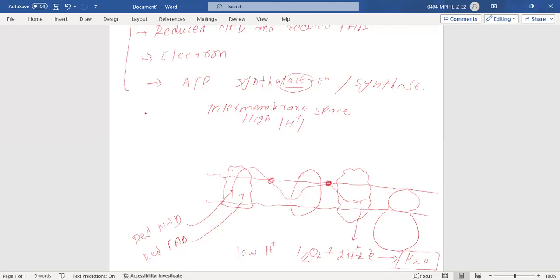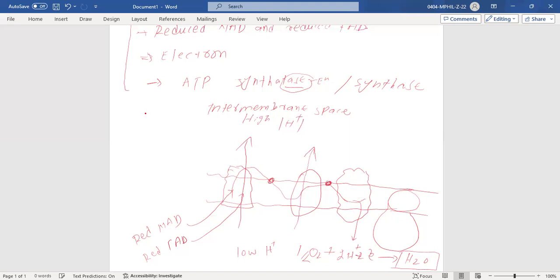The energy which is released from these electrons while moving through the carrier proteins, as the electron goes from the excited state back to the ground state, is released, and that energy will be utilized to transport protons like this.